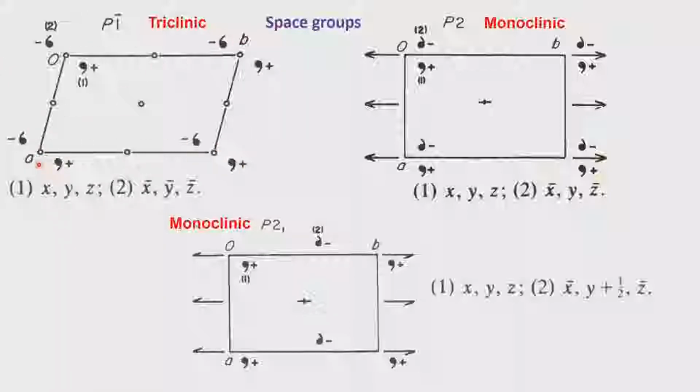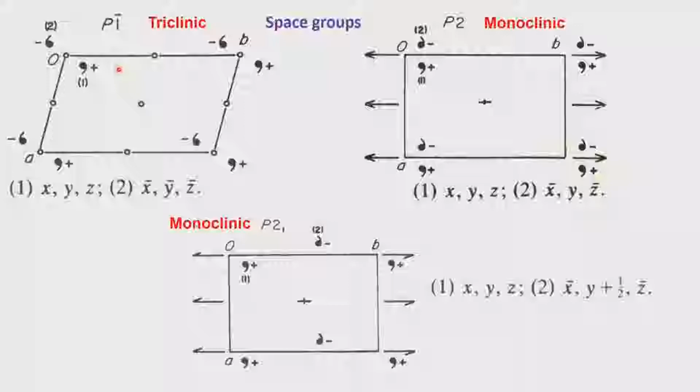Suppose we look at this AB projection, that means this particular angle between A and B is gamma, and this gamma value is non-90 degrees. We will have none of the symmetry elements associated with P1, because it is only a one-fold symmetry, that means 360 degree rotation. So, there will be an object somewhere and that remains there in the unit cell.